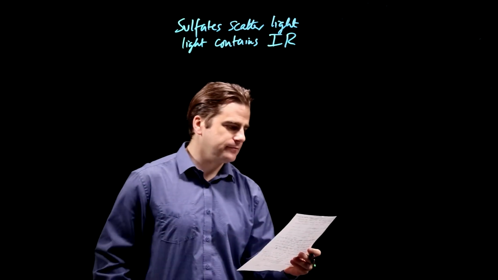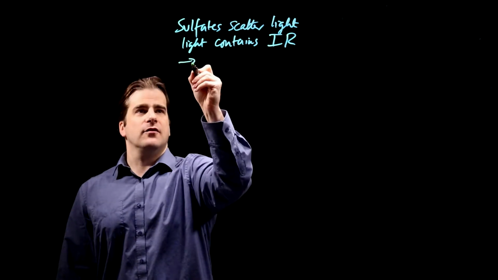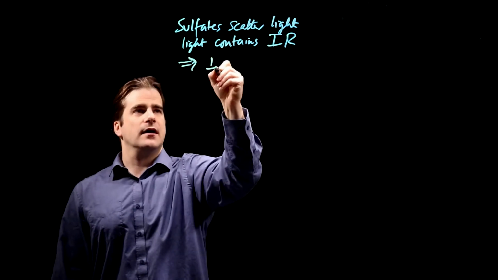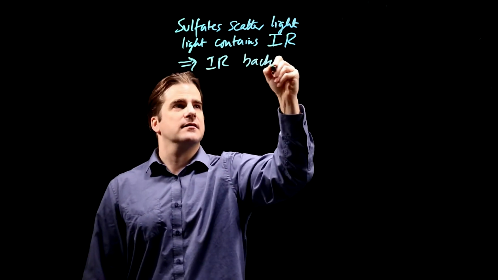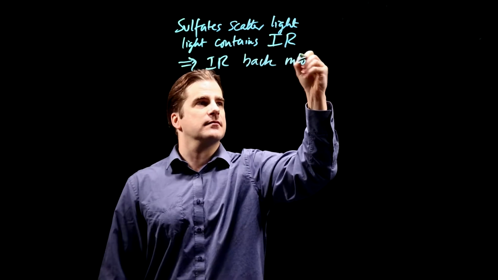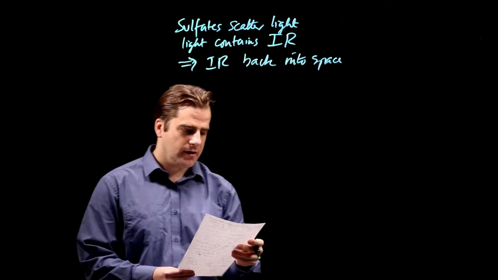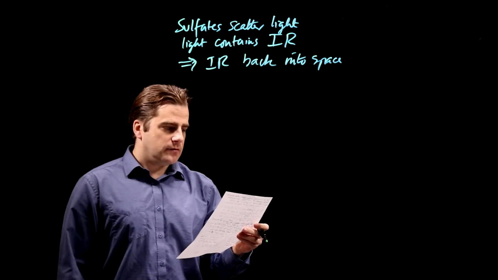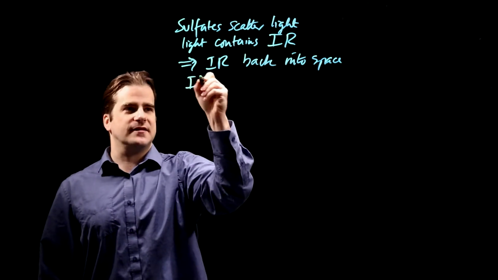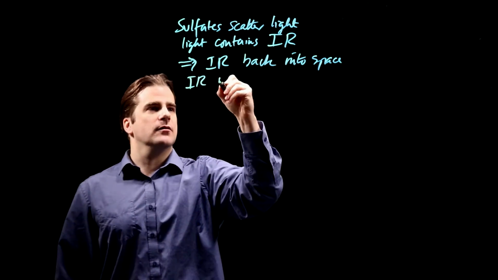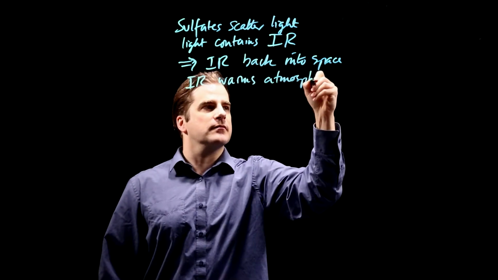Okay. So sulfates scatter light. Light contains IR. So therefore IR is, some of it is being reflected back into space. Okay? So, yeah, don't forget, I said it, I'm just going to write it down. IR warms the atmosphere. Okay?